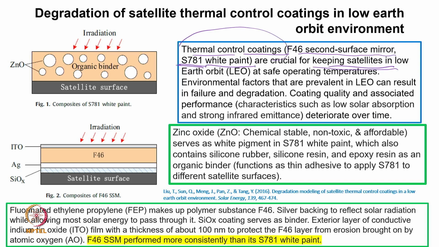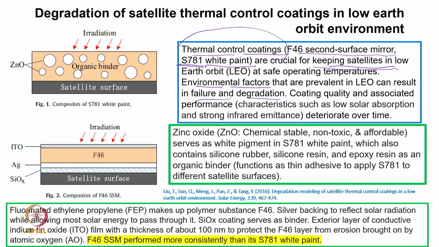If that is not happening, then other environmental factors, like the AO I mentioned, will impact the spacecraft surface, or satellite surface, and cause degradation and failure of the coating, and the whole system may fail also. Another thing they observed is that whatever the best coating we try, it will have reduced performance over time.